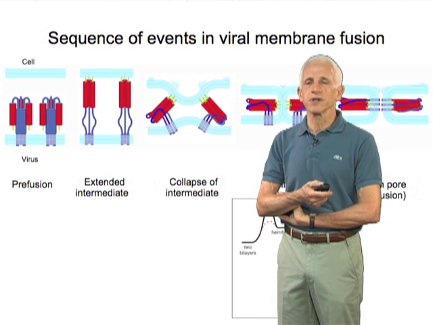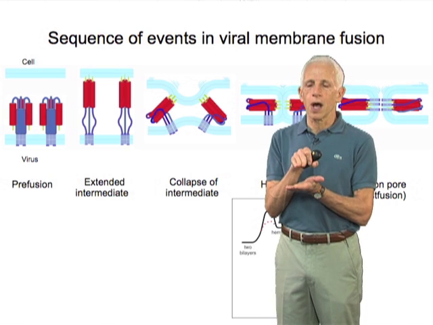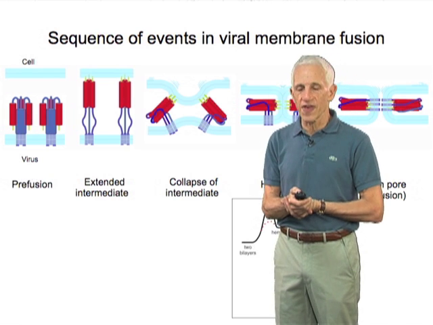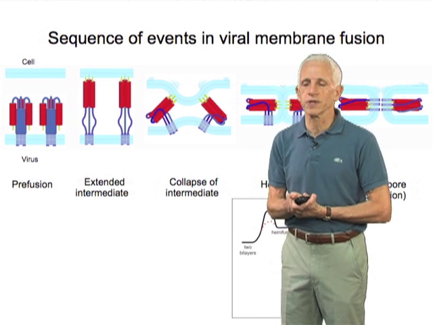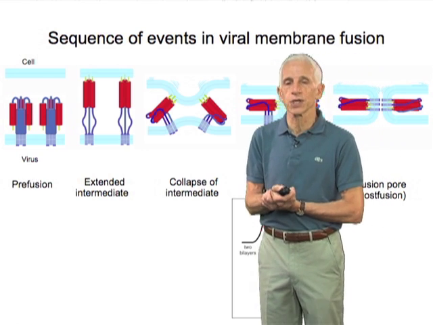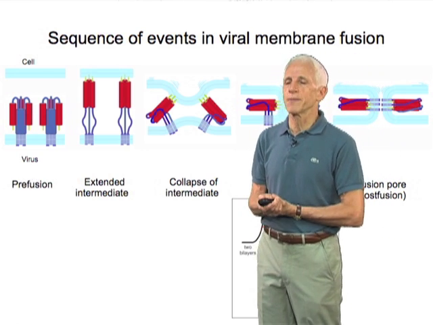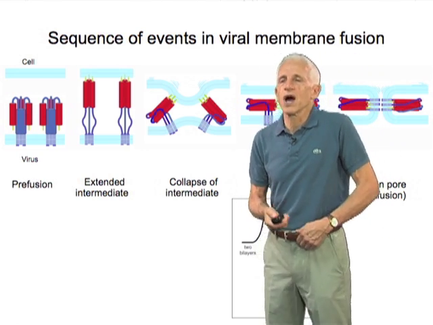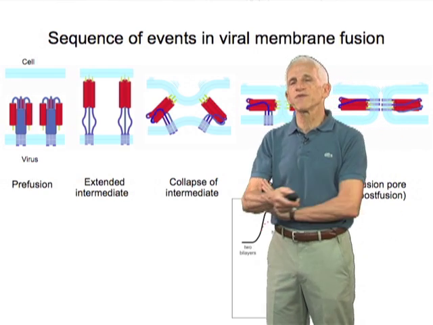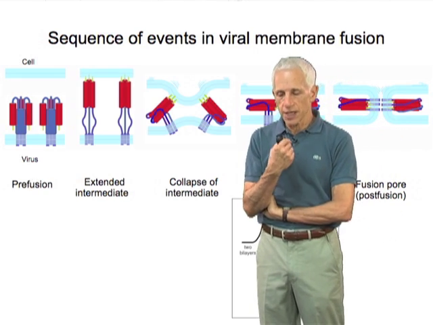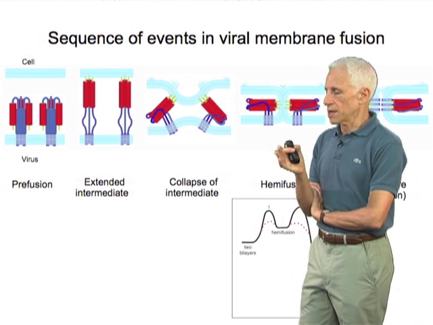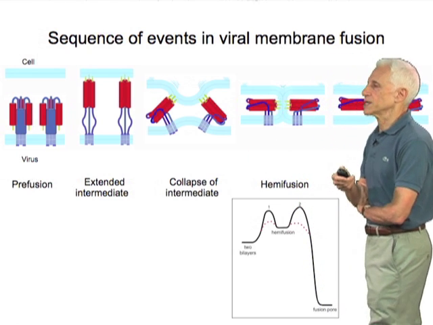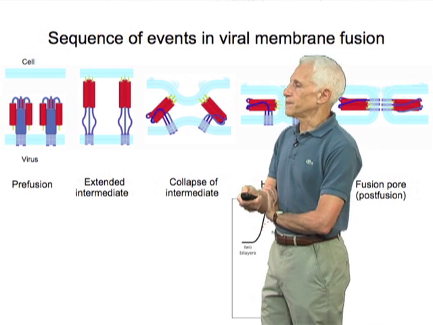The underlying process that they catalyze, and there is a real sense in which this is a catalysis, since, as I said, it's thermodynamically downhill, but with a high kinetic barrier, the sequence of events that they catalyze is reasonably stereotypical in all cases.